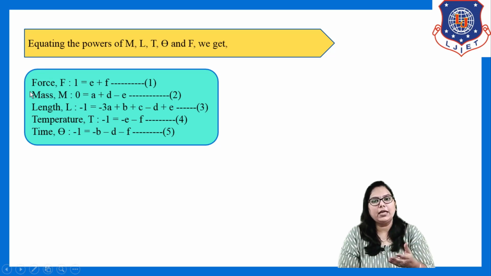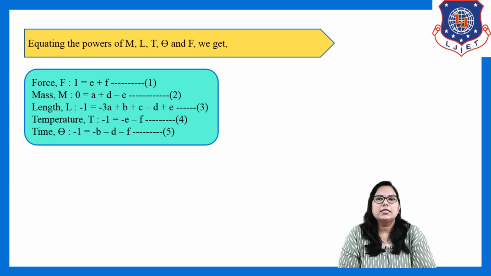In the same way, for mass M, the equation will be 0 equal to a plus d minus e. For length L, the equation will be minus 1 equal to minus 3a plus b plus c minus d plus e. For temperature T, minus 1 equal to minus e minus f.